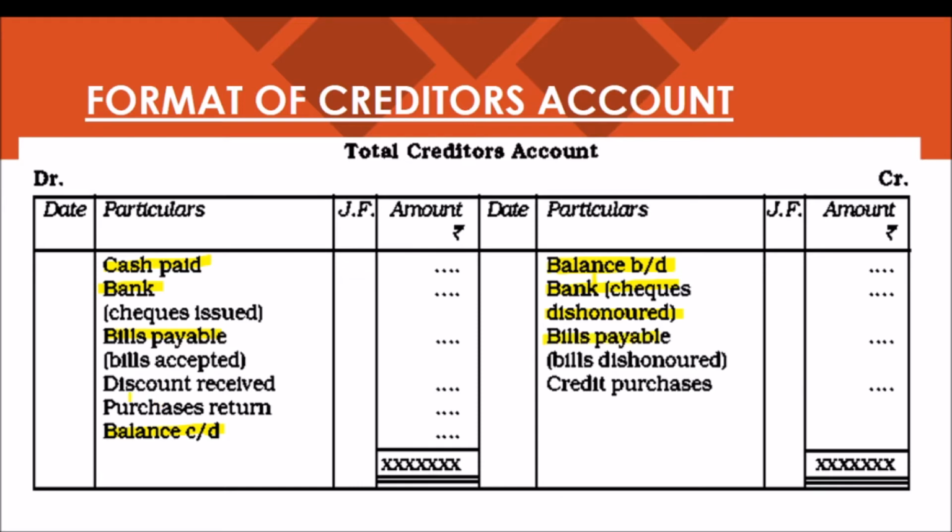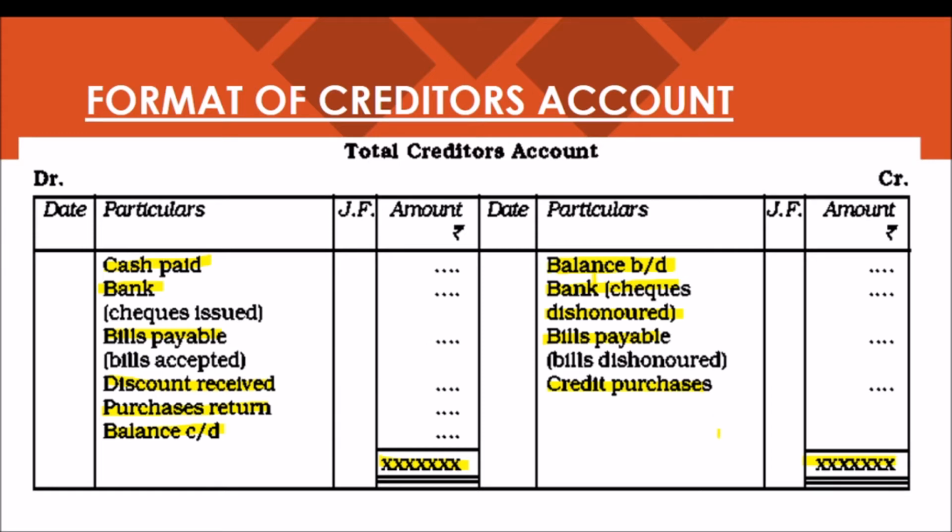Any amount of discount received will be debited. Also, the amount of purchase return is debited. After writing all these items, we will find out the total of both sides, and the difference amount will be credit purchase.